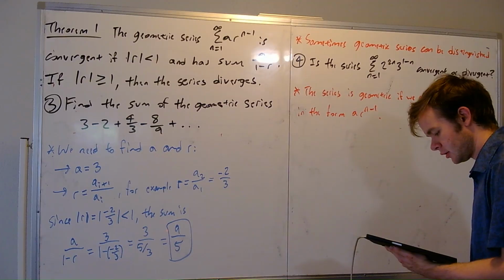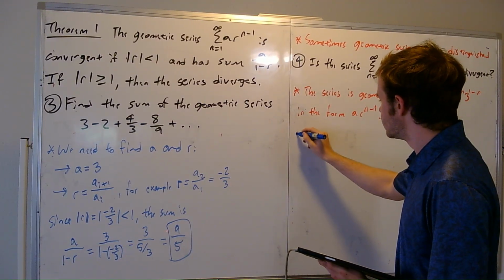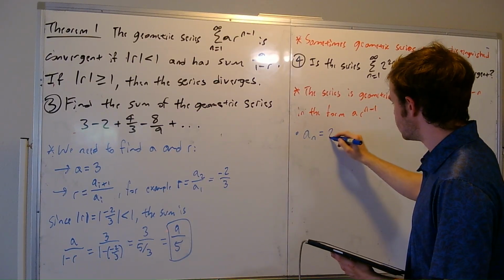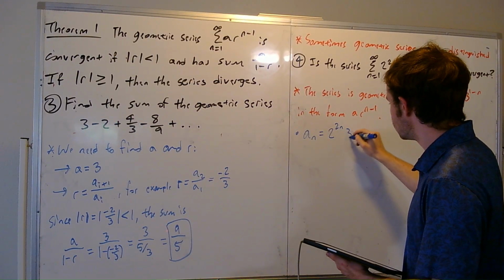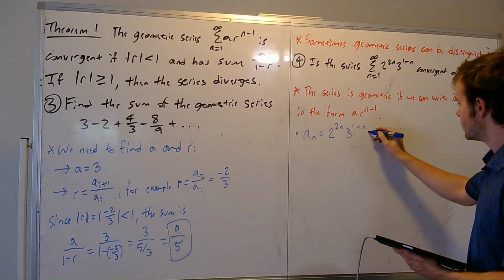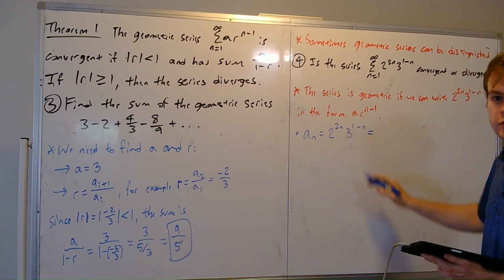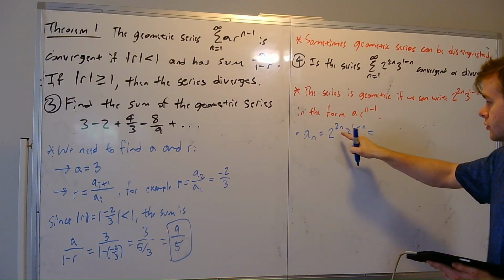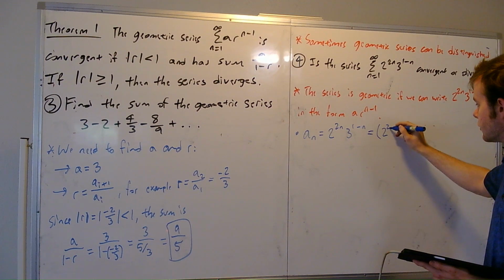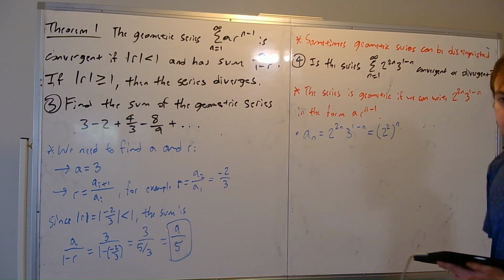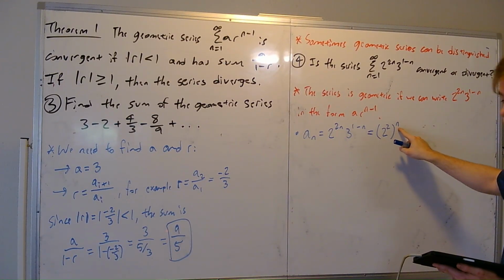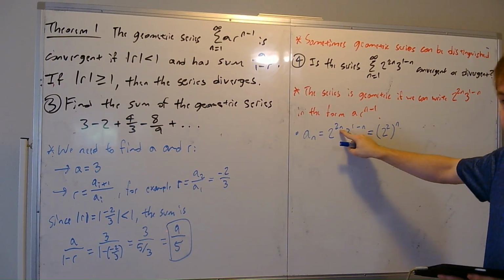So let me write down here a_n equals, so we had our 2 to the 2n times 3 to the 1 minus n. And we want to get these powers closer to each other. So one thing I can do is say that this is the same thing as 2 squared to the power of n, right? 2 to the power of 2 and then to the power of n. You can multiply the powers to get back to here.